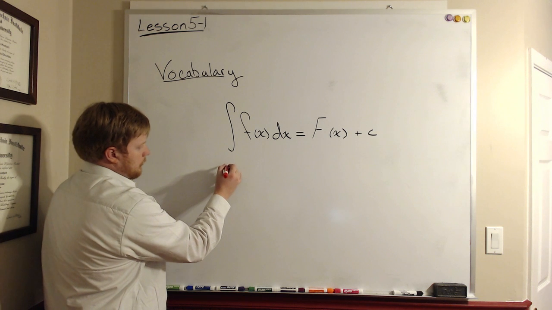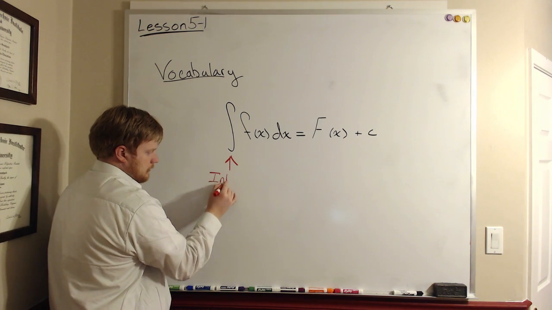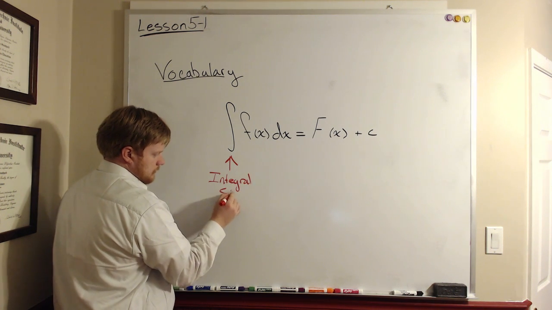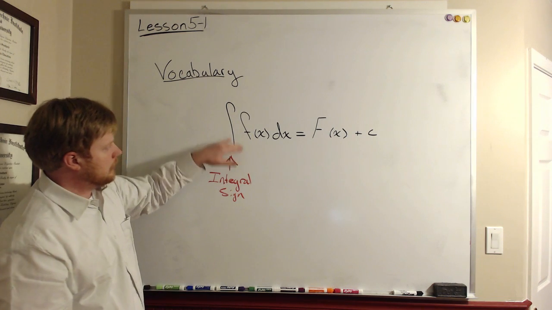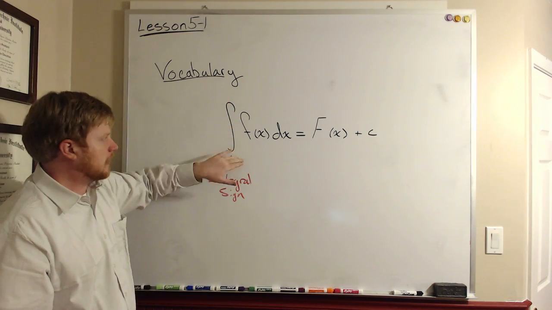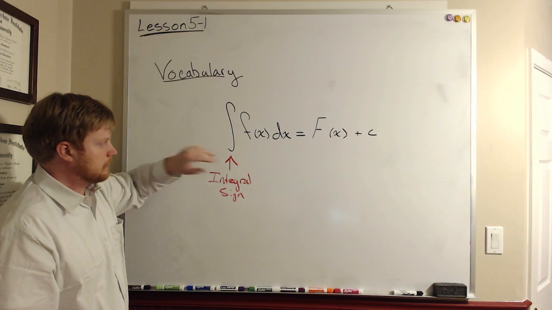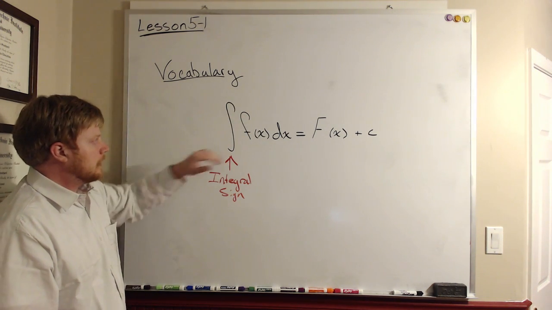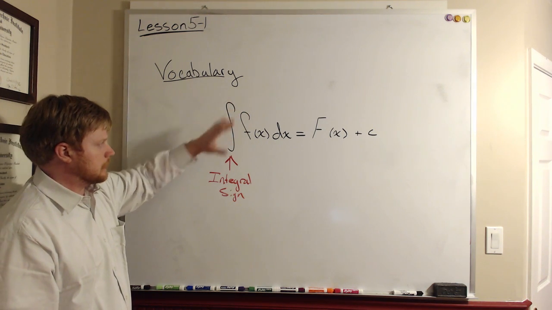So we have the integral sign, and the integral sign could have bounds on it, like a, b, 0 to 3, u to v, 0 to t. And those bounds of integration are called just that, bounds of integration.